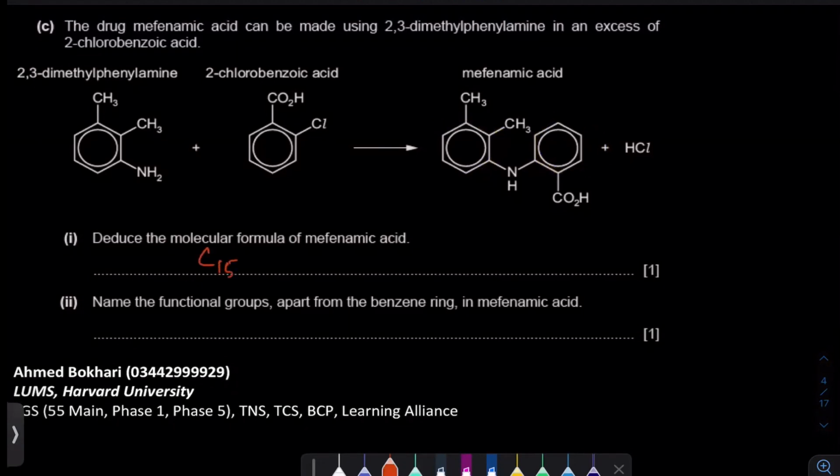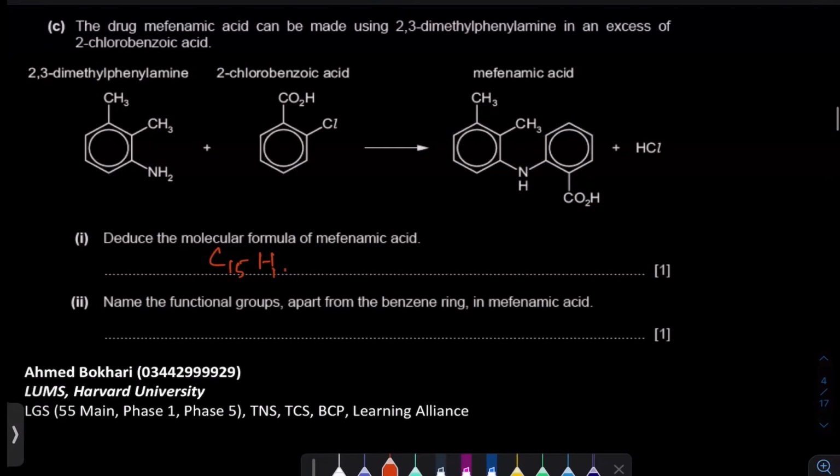So C15. और हाइड्रोजन कितने हैं? 1 2 3 4 5 6 7 and 8 and 6 14 and 1 15. N भी है, O भी है, N तो एक ही है, oxygen 2 है, and there you go.